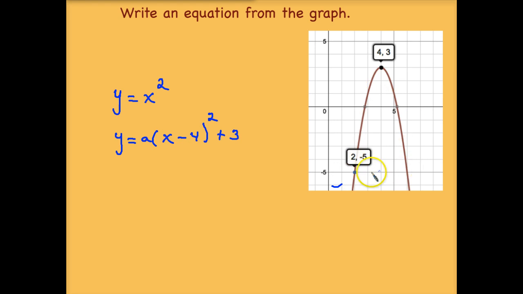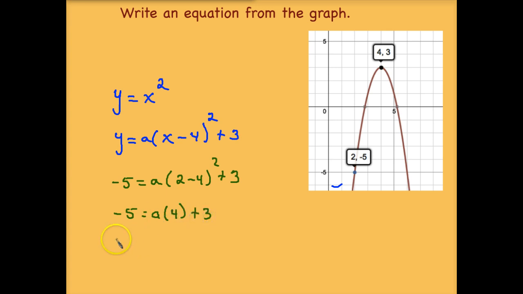So tracing our function, we find this key point at 2, -5. Let's go ahead and plug that key point in. -5 would go in here for y. We don't know a. 2 for x, and now we can solve for a. 2 minus 4 is -2, and -2 squared is just 4.